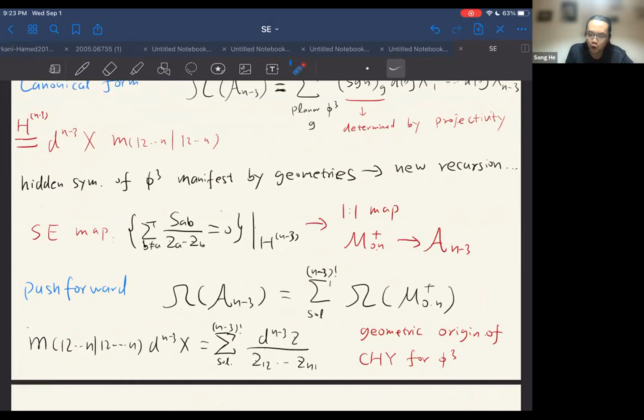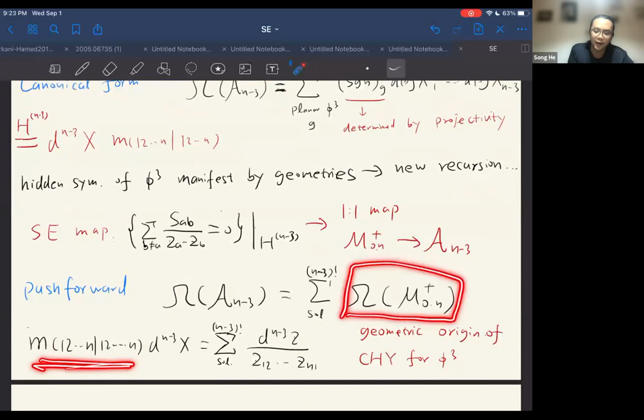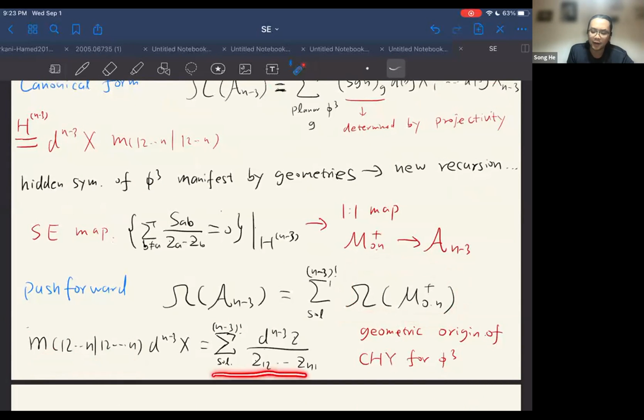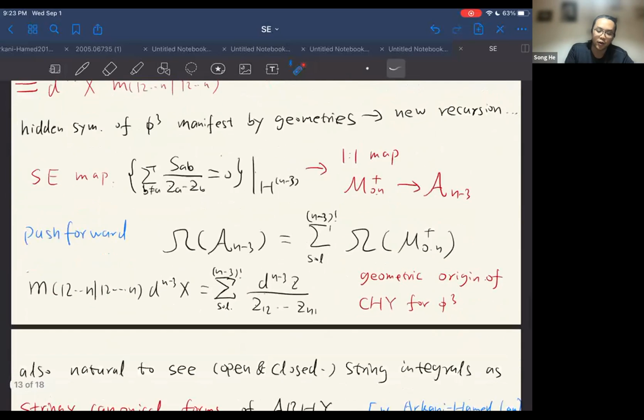So this also gives you a geometric origin for the CHY formula, because once you know there's a one-to-one map, you can write the canonical form of your polytope as a sum over solutions of this Parke-Taylor form. So basically the phi cube amplitude is a sum over solutions of the scattering equation of this Parke-Taylor form. That is the CHY formula.